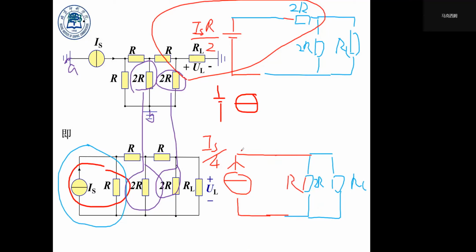So then again, we have this kind of funnel shape of the circuit.